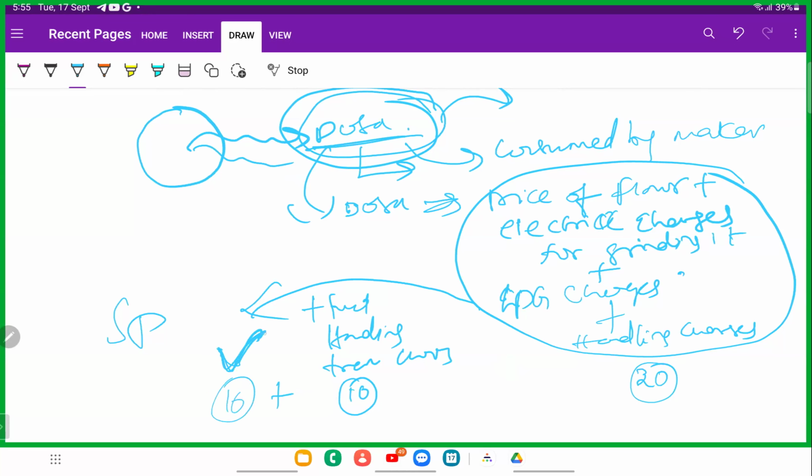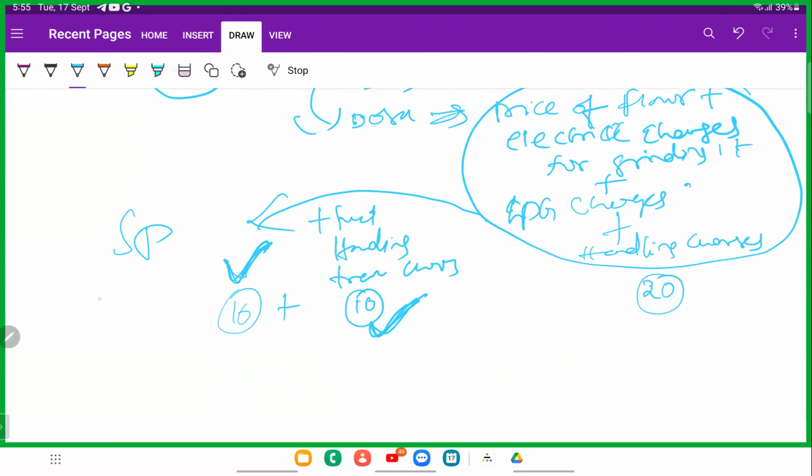So this 10 rupees will be your profit and this 10 rupees will be your transportation or handling charges. And the final price you will set as 40 rupees per dosha.